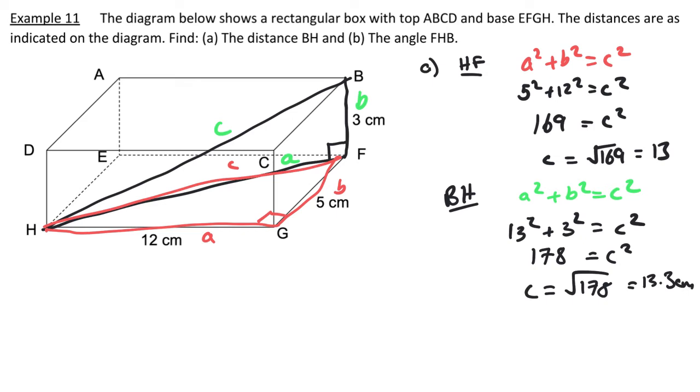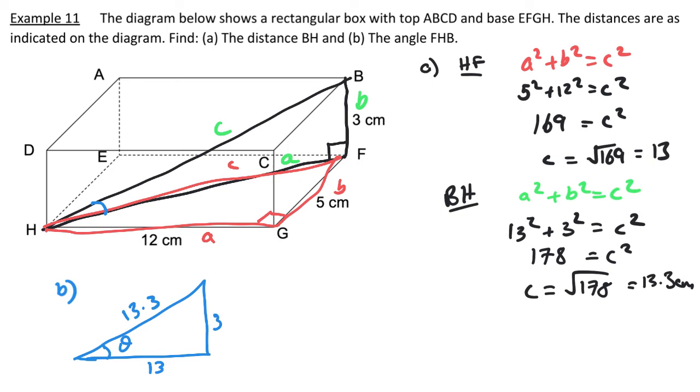Part B, find the angle FHB. So FHB is the angle between the diagonal BH and the base HF. We could draw out that triangle to make it a bit clearer. We've got our angle theta, we've got 3, we worked this out to be 13, and the hypotenuse to be 13.3.